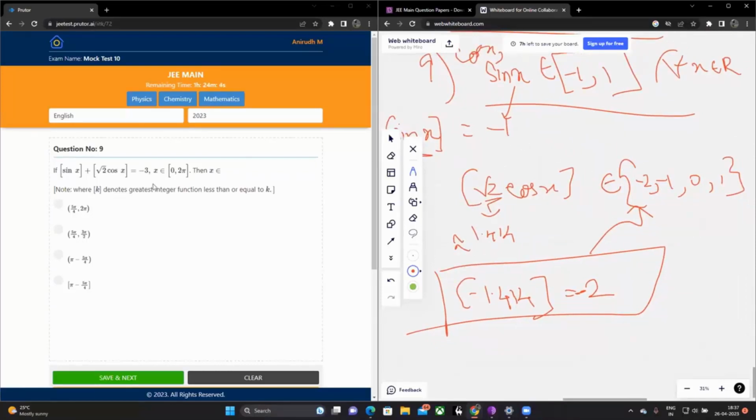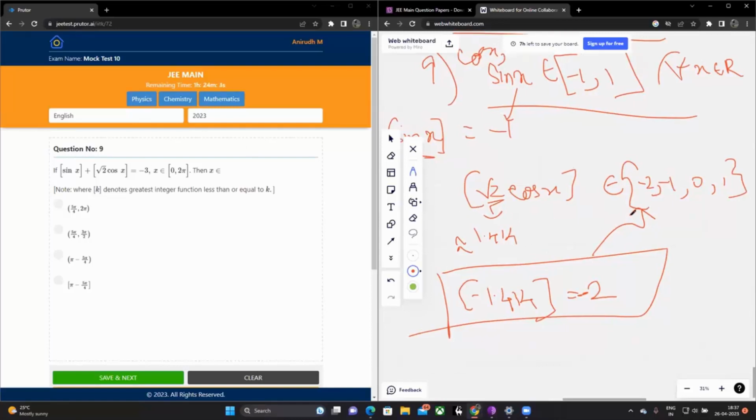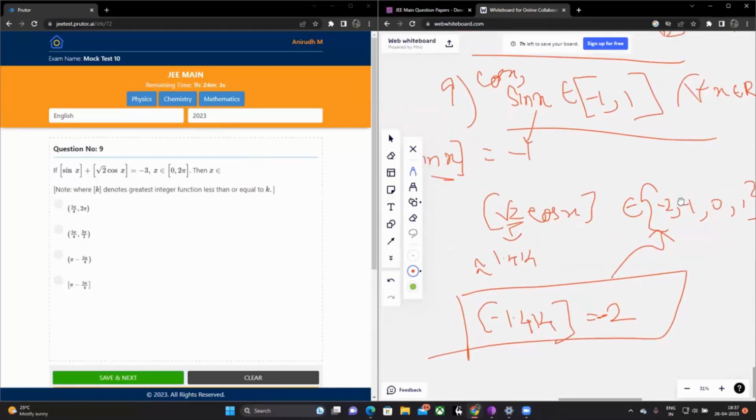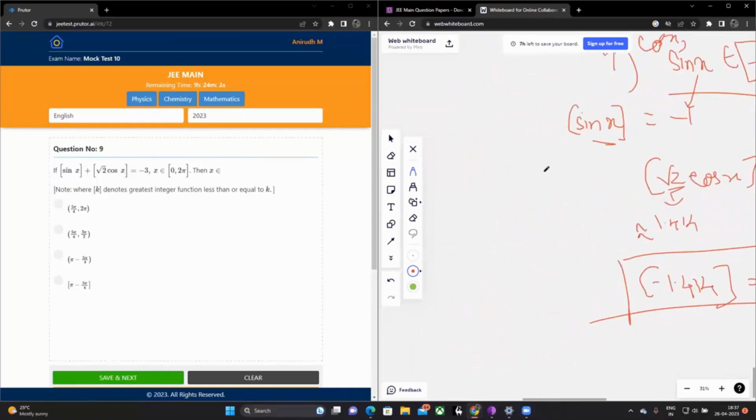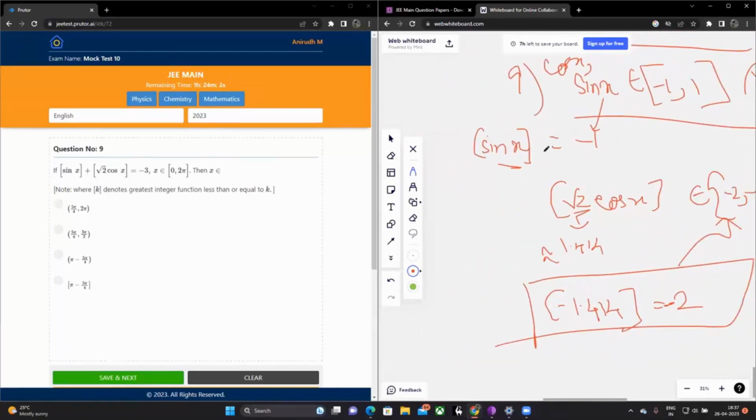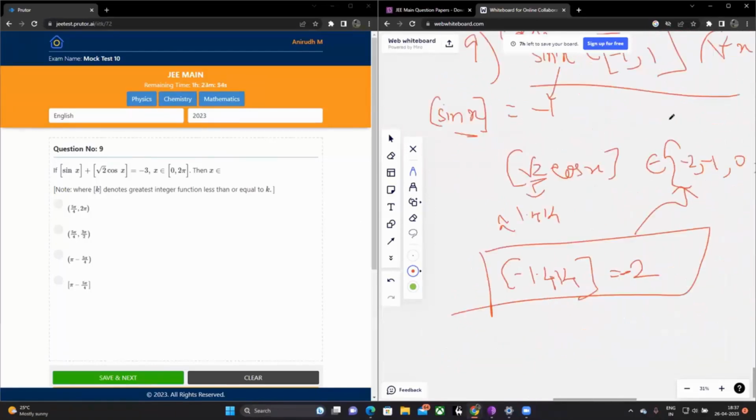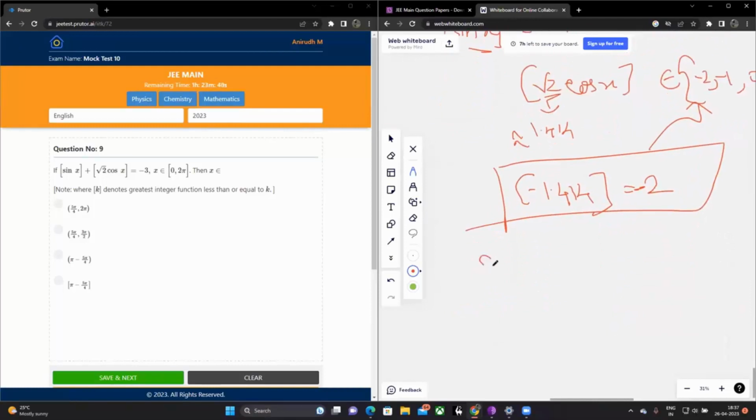No other pair gives you -3, right? So basically you have a bound here where you are given that the greatest integer of root 2 cos x is -2 only, and the greatest integer of sin x is -1 only, right? And so you are given that sin x is less than 0, because only a number less than 0 and greater than or equal to -1 gives you a greatest integer of -1.